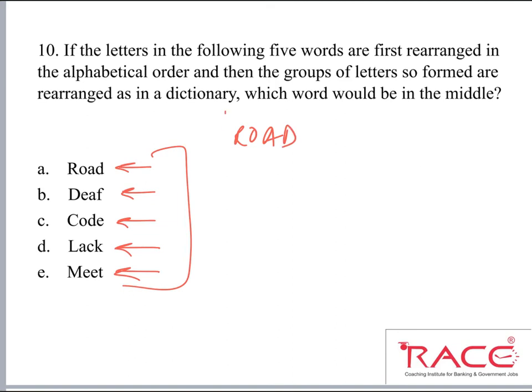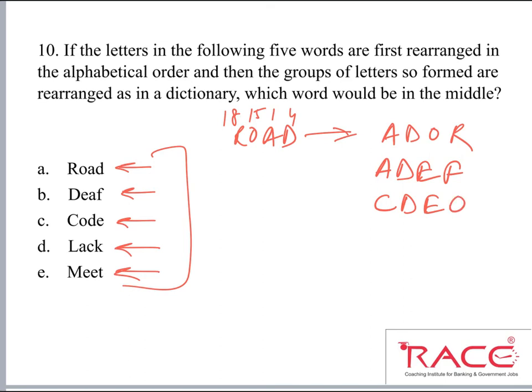So first here ROAD. So R means 18, O 15, A 1, D 4. So after arrangement we get A, D, O, R. Similarly here A, D, E, F. Similarly here C, D, E, O. Here A, C, K, L, and last E, E, M, T. So conventionally what we are doing, we are arranging each letter in the given word in alphabetical order.